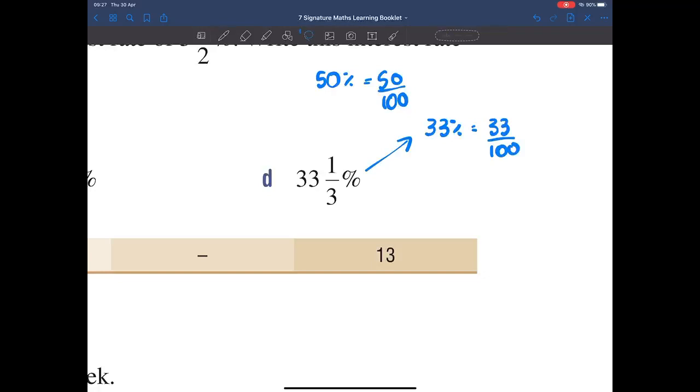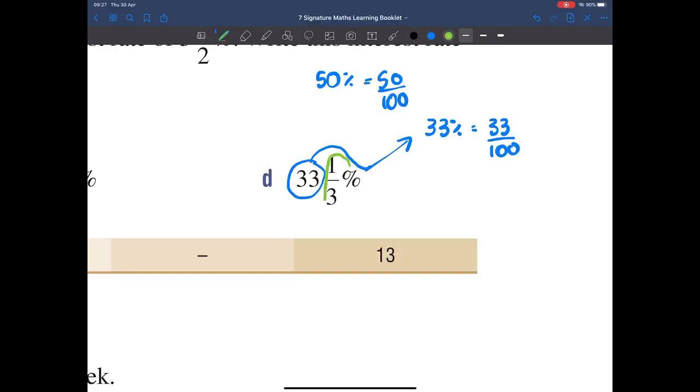But we've got this extra bit on the end. We have a third. What does that represent? Well, it's a third out of 100. So let me just circle a couple of things. This relates to this arrow.